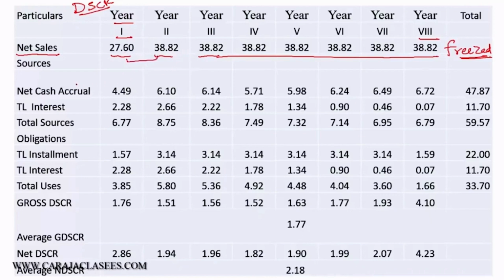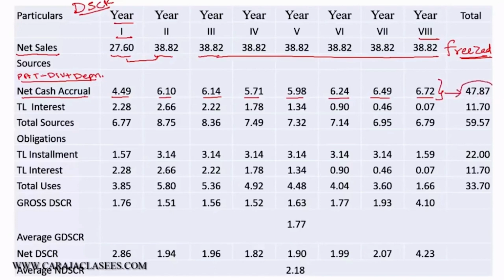Now here you have the net cash accrual calculation. This is something which they have picked up from CMA. So what is net cash accrual? It is PAT minus dividend plus depreciation. When they did this calculation, they got 4.49, 6.1, 6.14, 5.71, 5.98, 6.24, 6.72. So for 8 years we have, and all this added together is 47.87 crore.